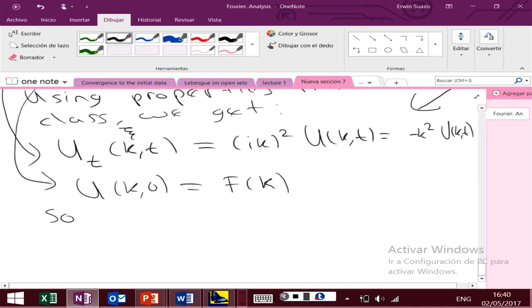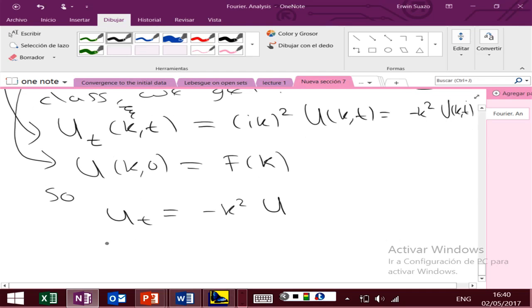So I have U_t equals minus k squared capital U, and U(k,0) equals F(k). This is just a first order ODE, and I solved it last time, remember?